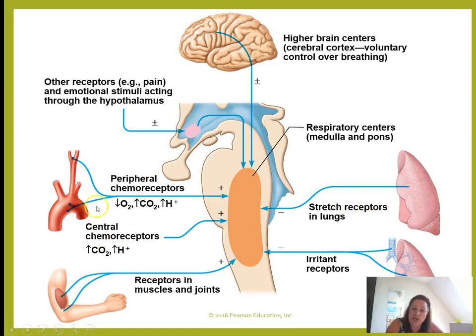But mostly we're going to talk about chemoreceptors, which are going to be the largest factor in determining the rate and depth. The hypothalamus and the rest of the limbic system and the cerebral cortex can also have some control. Normally you don't think about breathing, but you can think about it. If I want to breathe fast, I can, right? My higher brain center overrode what my body wanted to do.